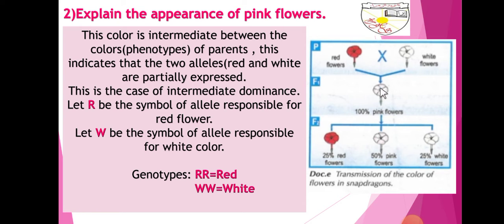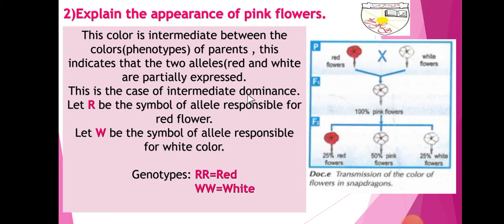So allele R, red, is expressed and the allele white is also expressed. Both alleles are dominant, both alleles are expressed. Here no one dominates the other; both are strong and both are expressed.